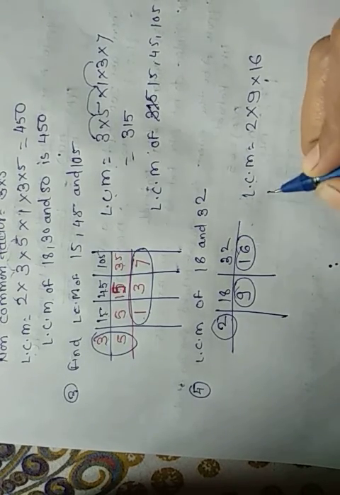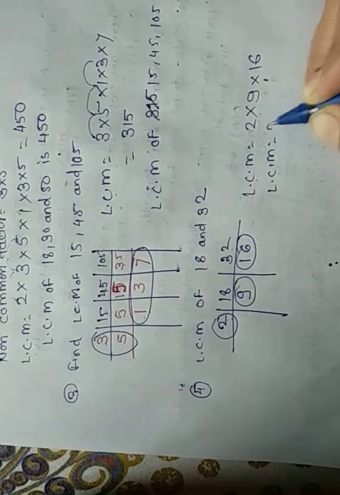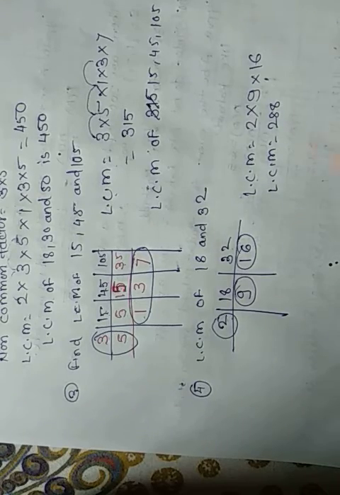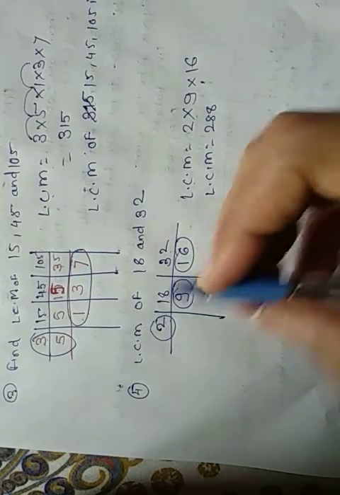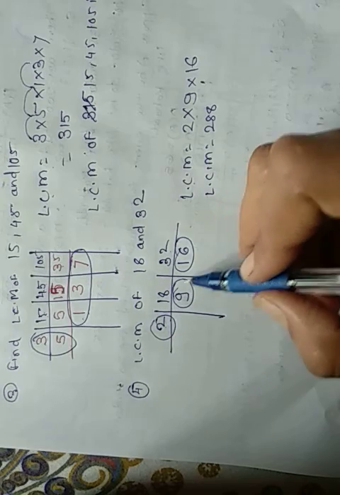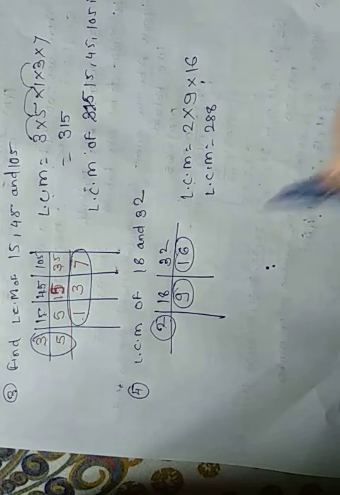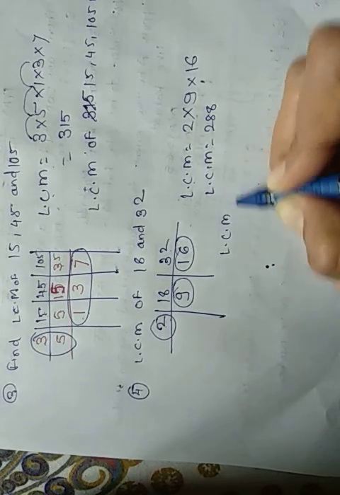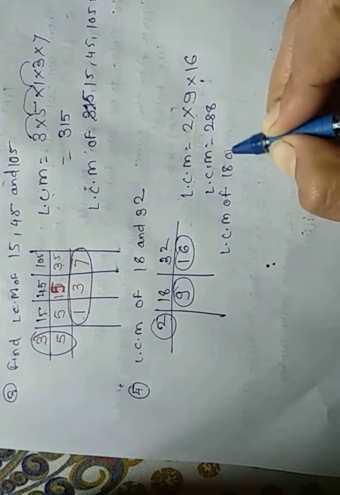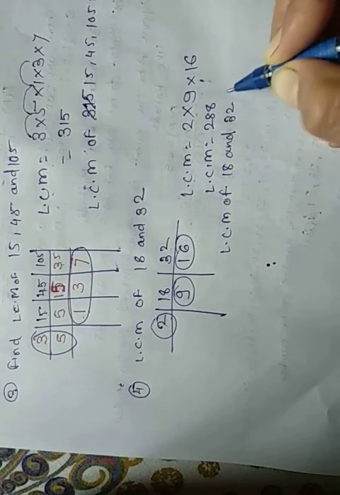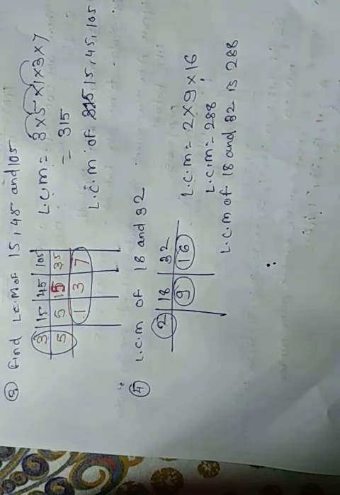So the answer is 288. This is the common factor and these are the non-common factors. So the LCM of 18 and 32 is 288.